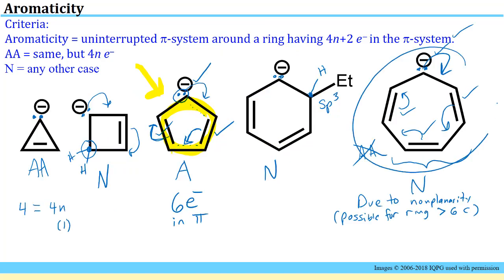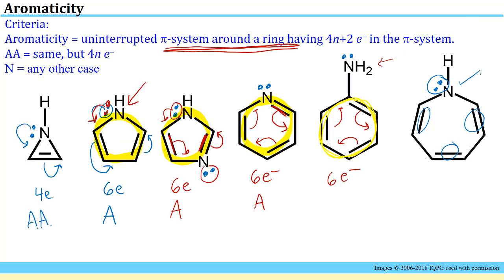And just like in this previous problem, we should identify that, well, if I moved all those electrons around that way, I'd have 8 electrons, and that would be anti-aromatic. But because I have a ring that is greater than 6 atoms in size, it's going to be flexible enough to just twist out of planarity to avoid the instability of an anti-aromatic arrangement of electrons. So going back to this compound that has the nitrogen with the lone pair there, we would say, well, this is going to be non-aromatic.